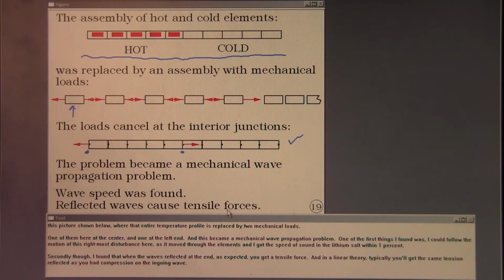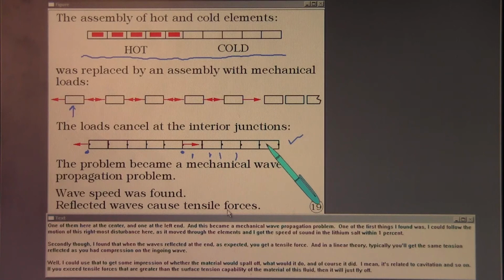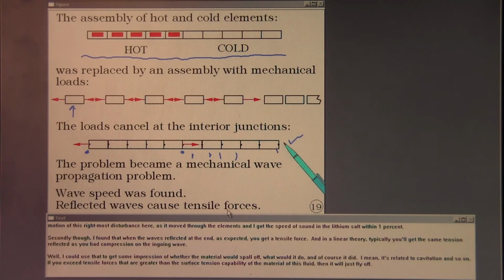One of the first things I found was I could follow the motion of this rightmost disturbance here as it moved through the elements, and I got the speed of sound in the lithium salt within 1%. Secondly, though, I found that when the waves reflected at the end, as expected, you get a tensile force.